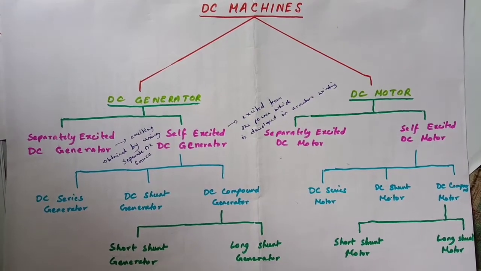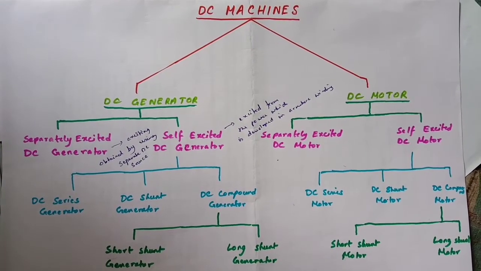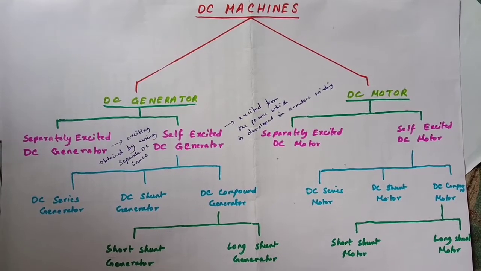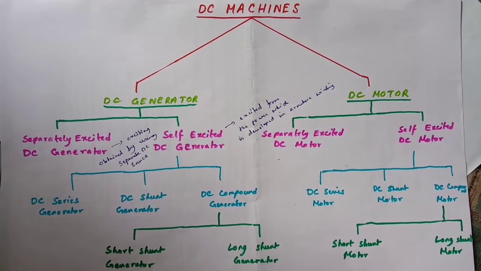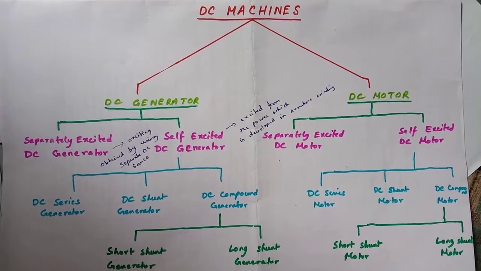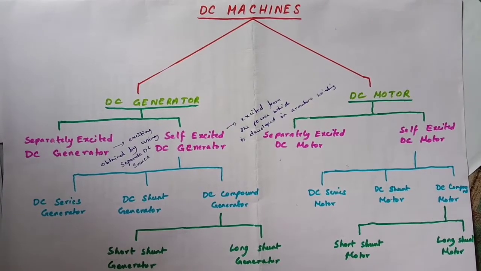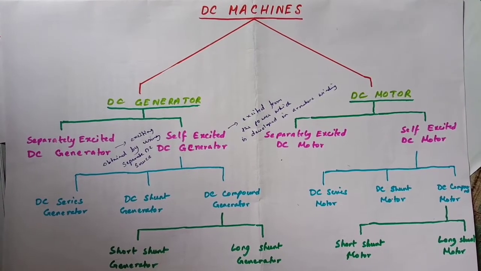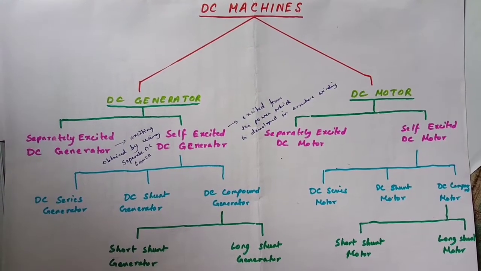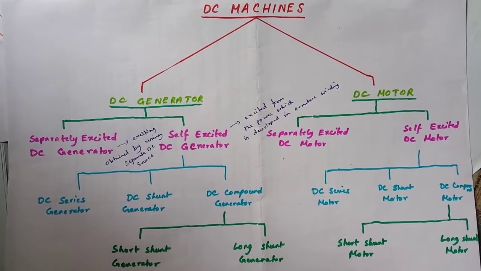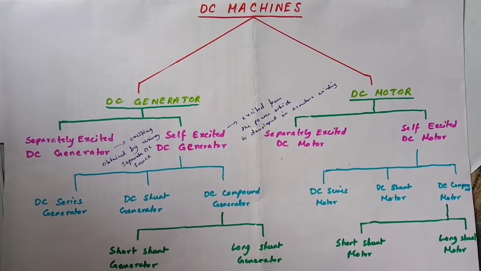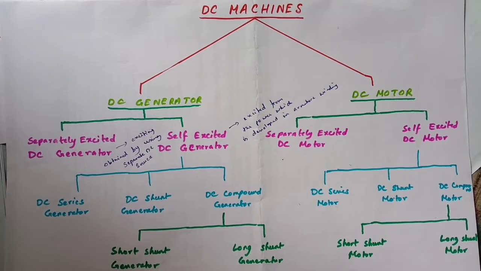In case of a separately excited generator or motor, the field winding is excited from a separate DC source, and in case of a self-excited DC generator or motor, the field winding is excited from the power which is obtained in the armature, that is the rotor.